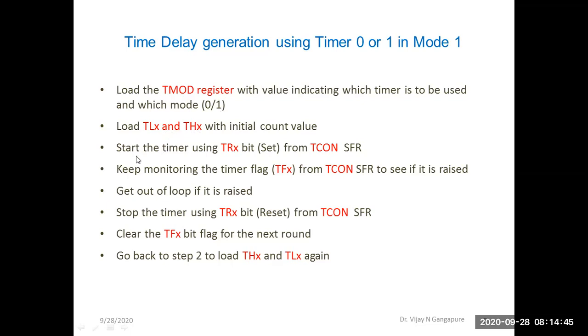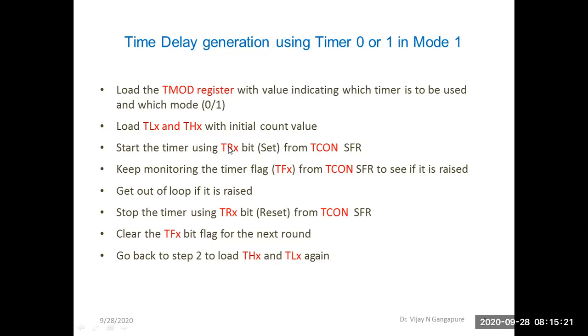Next step is after loading TL TH registers and after configuring timers in mode 1, we have to start the timer using TRX, means either TR0 or TR1, depending on which timer you are using, and that bit is from TCON SFR, that is timer control SFR. So we have to set this bit either TR0 or TR1 to start the timer.